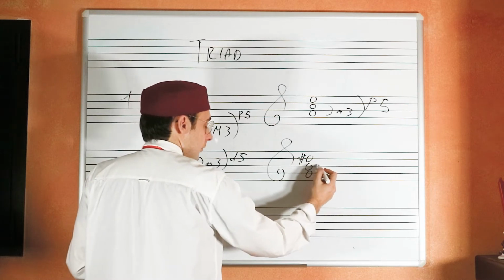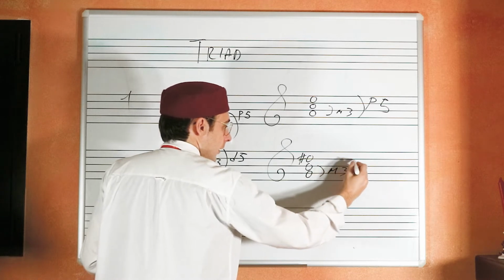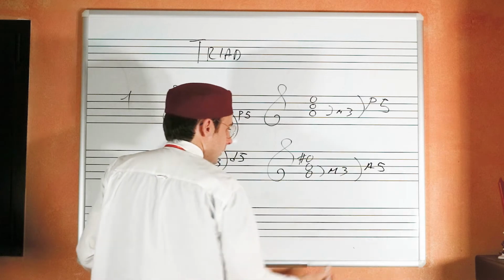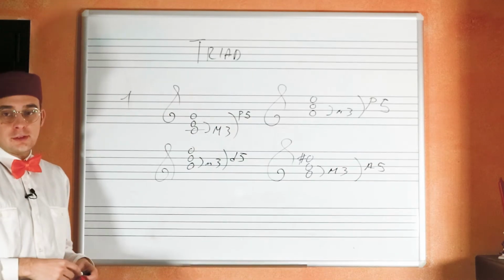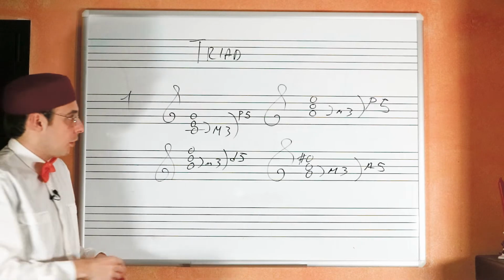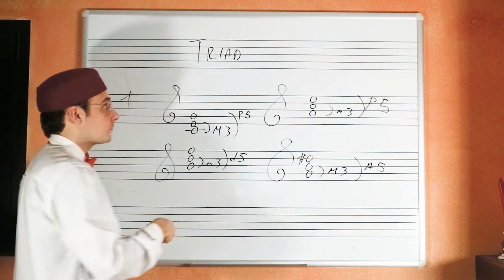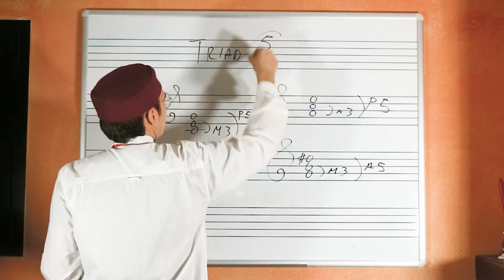It is composed of a major third and an augmented fifth. So we have four types of the triad, of the third and fifth chord.